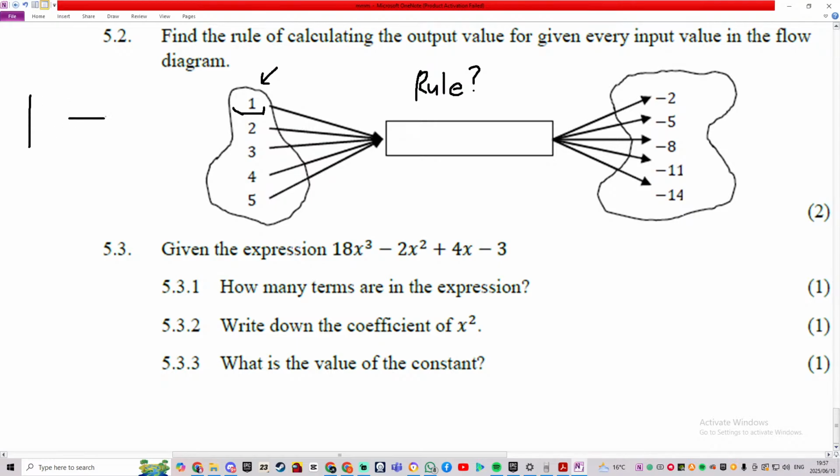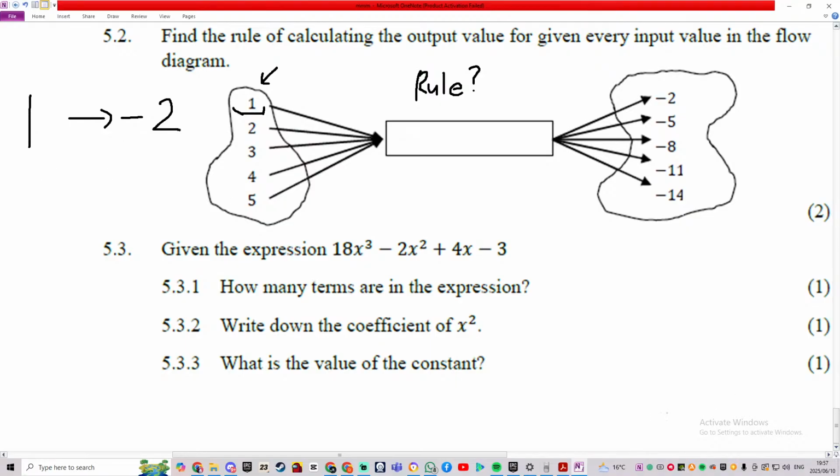How will I end up with negative 2? Do you know? I don't know, sir.